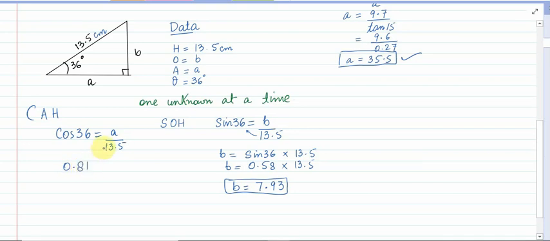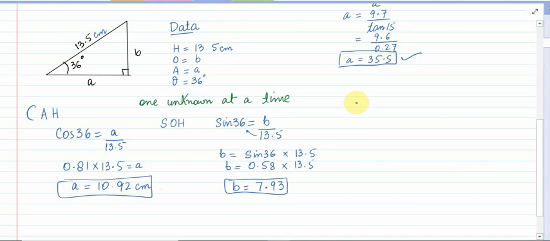Now this 13.5 when shifts on the left side multiplies with 0.81. So the value of a is 10.92. Right?